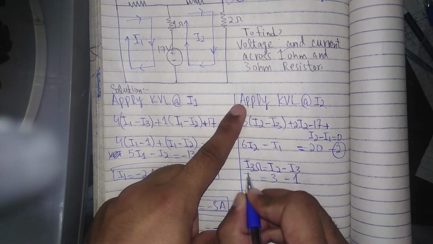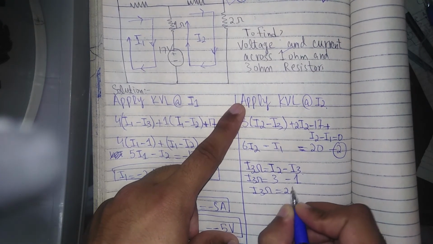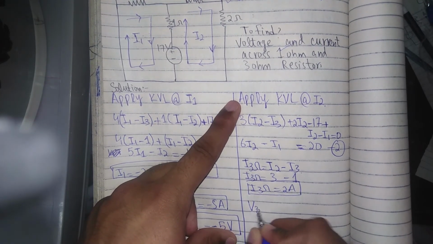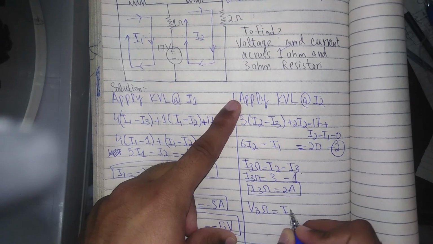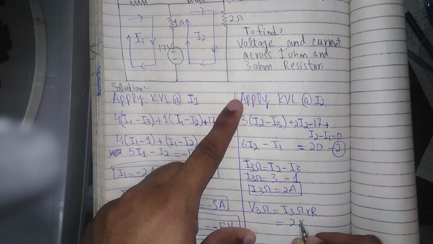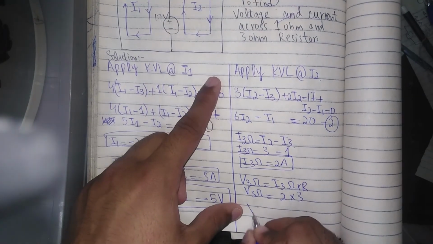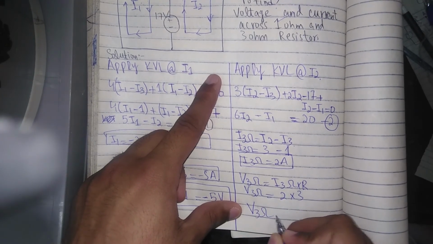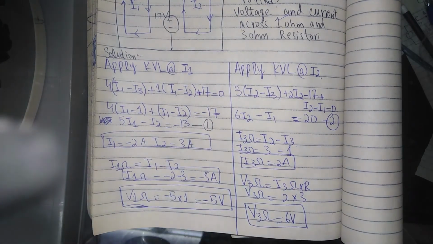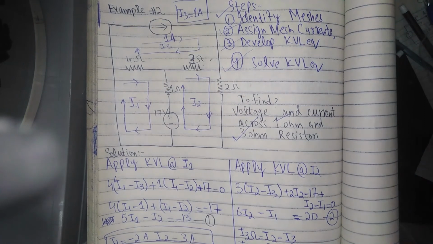So I across 3 ohm is 2 ampere, and voltage across 3 ohm is I into R. 2 into resistance 3, so voltage across 3 ohm is 6 volts. Now students, our second step is also done. This is all about our example number 2.